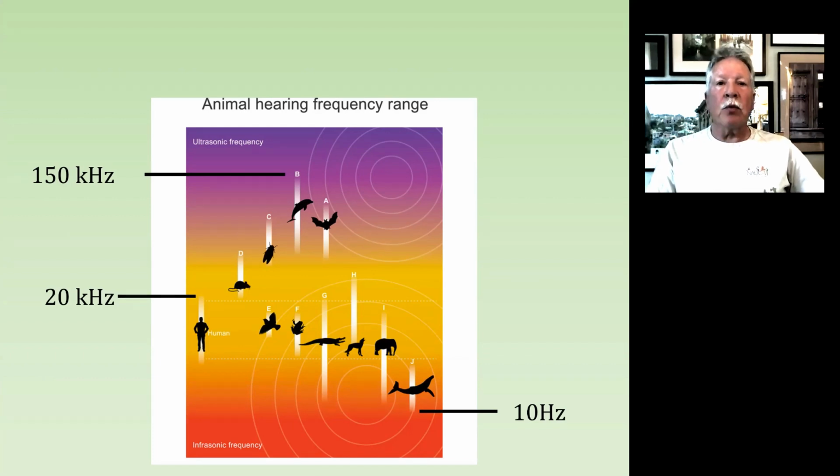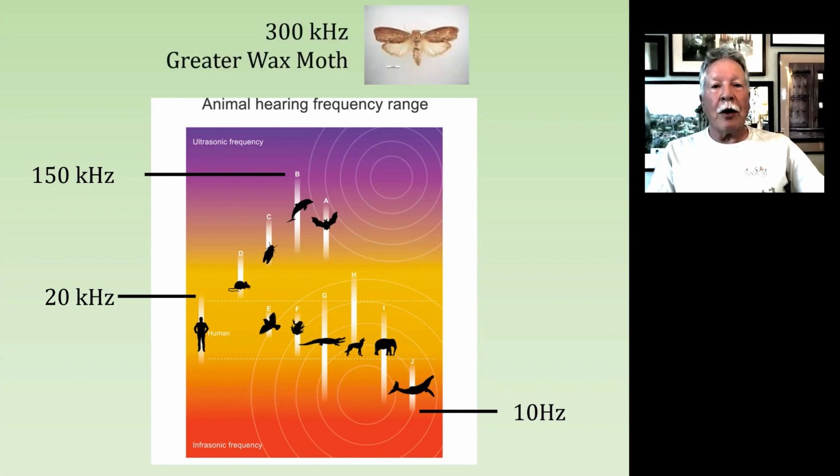And then you've got these really, really high frequencies made by dolphins and bats. But even those aren't the king, the queen of song frequency are these greater wax moths, which make sounds at 300 kilohertz, which is, I can't even imagine how high that is.